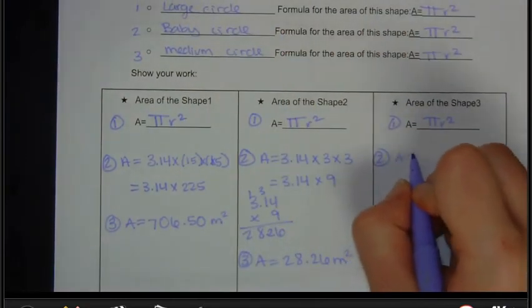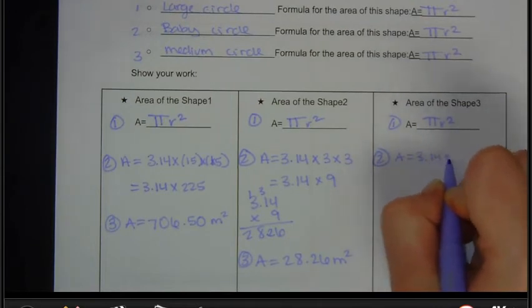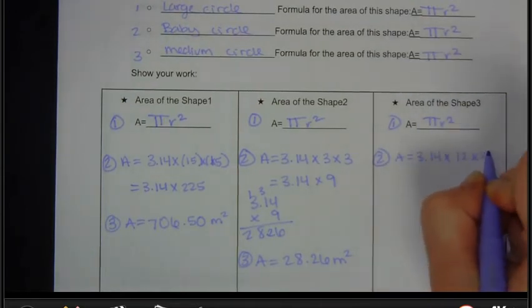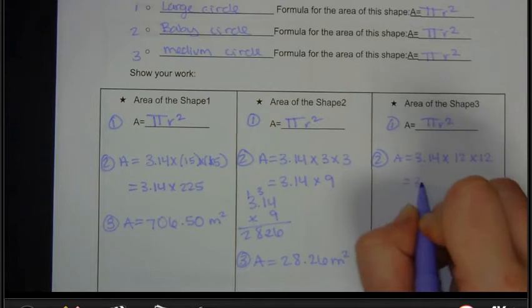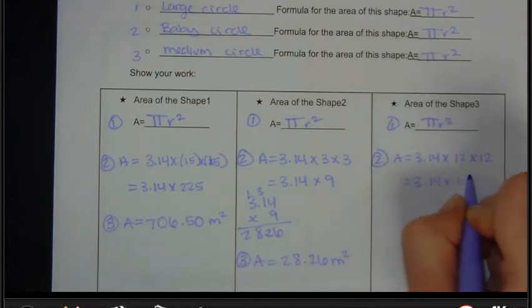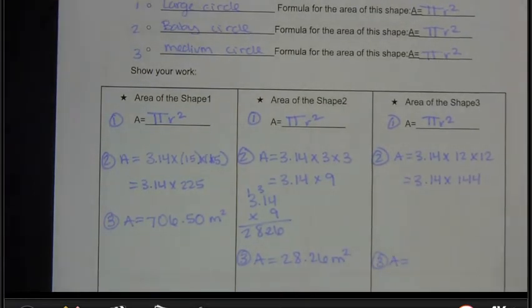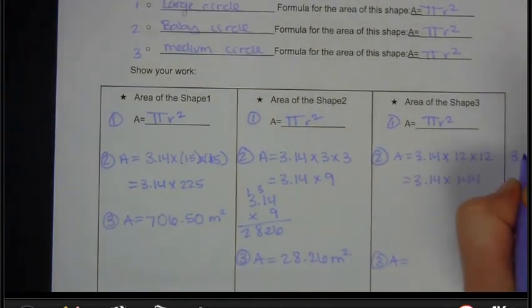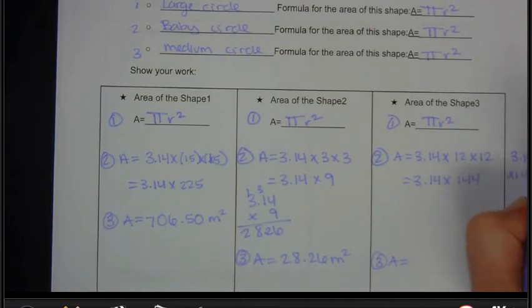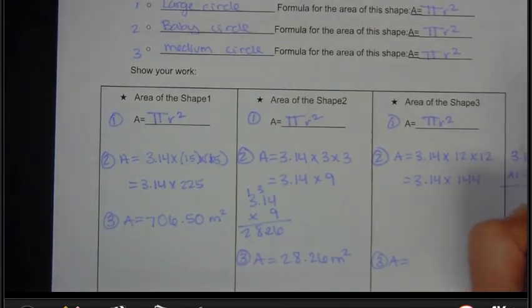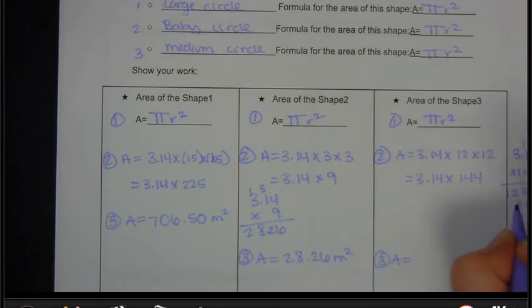And then the last one, the area of the medium circle. So area is equal to 3.14 times 12 times 12. 3.14 times 144. I'm going to go over here off to the side, 3.14 times 144. 4 and 4 is 16.